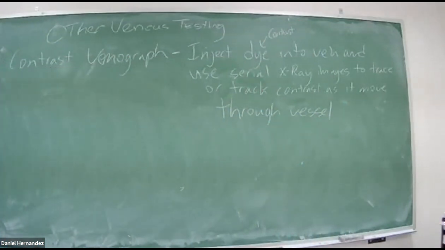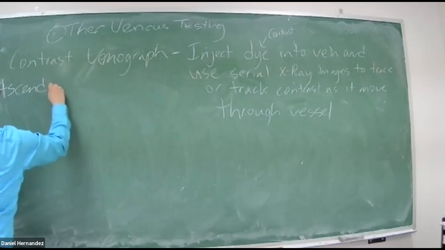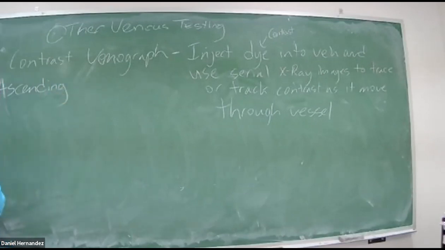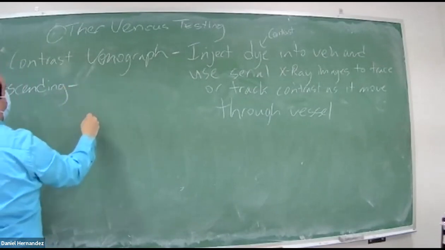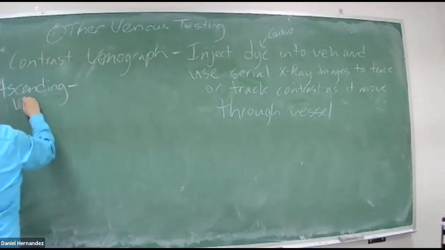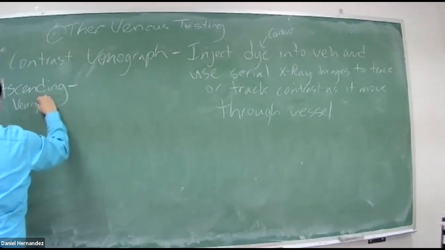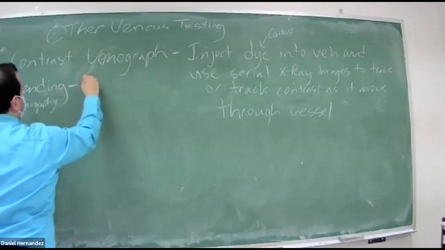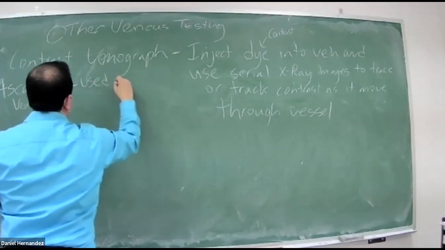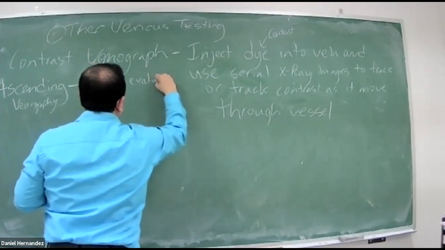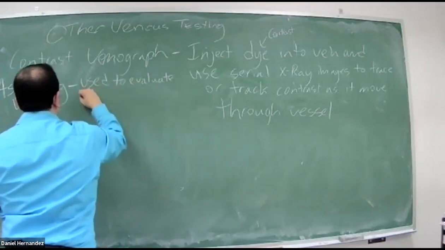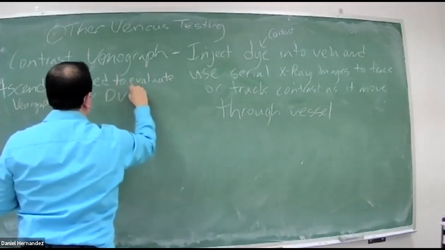We have two types of contrast venography. We have ascending and descending. So ascending venography, this is used to evaluate for DVT.